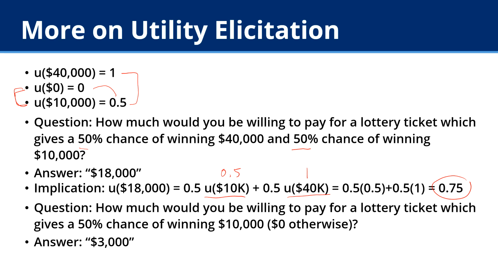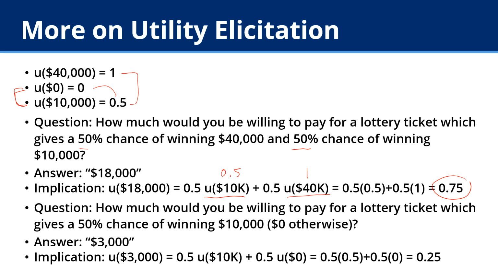Based on this response, we now have the utility value for $3,000 for this decision maker. The utility value for $3,000 is 0.5 times the utility value for $10,000, which is 0.5, plus 0.5 times the utility value for $0, which is 0. So the utility value for $3,000 for this decision maker is now 0.25.